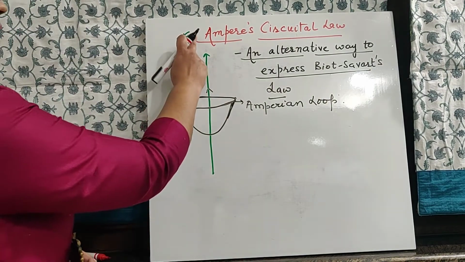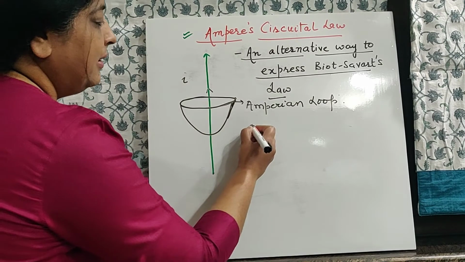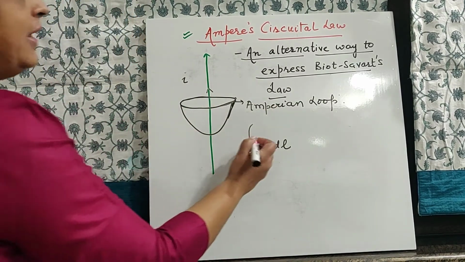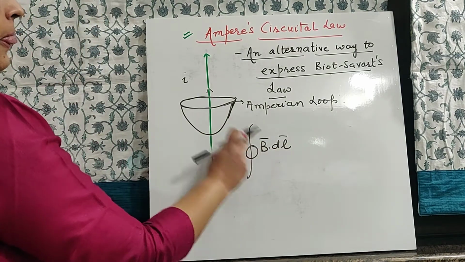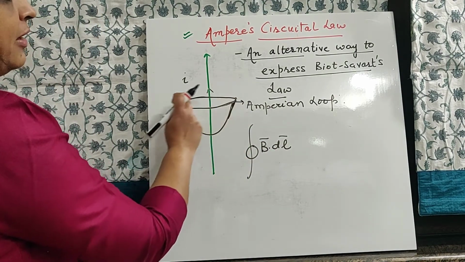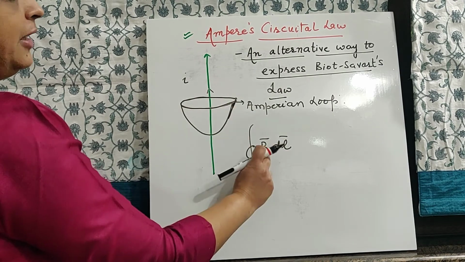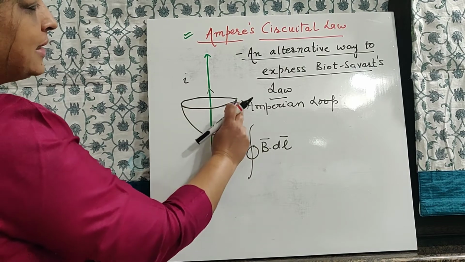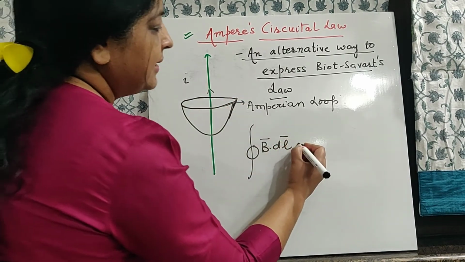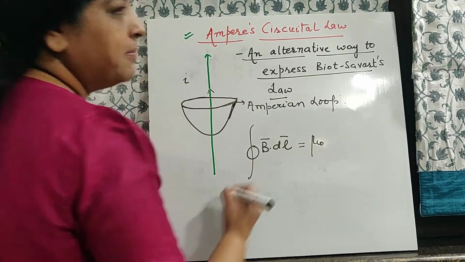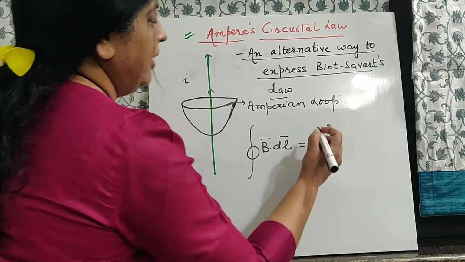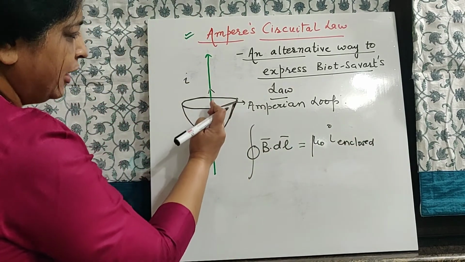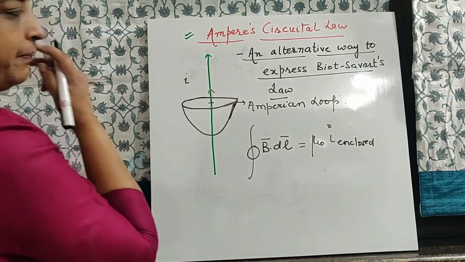So according to Ampere's circuital law, the closed line integral of the magnetic field on this Amperian loop is equal to mu naught times the current enclosed by the loop, the current which is flowing from here.